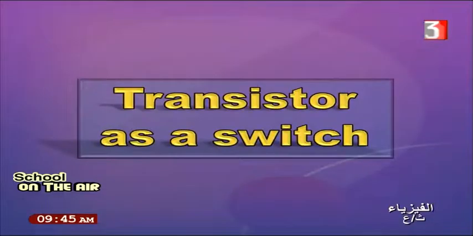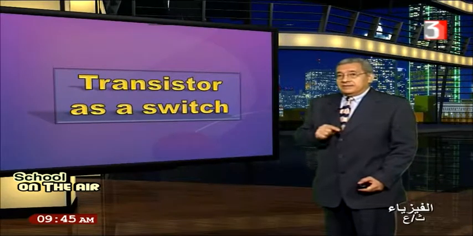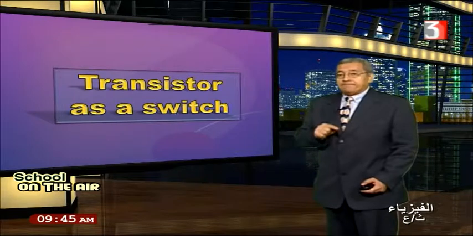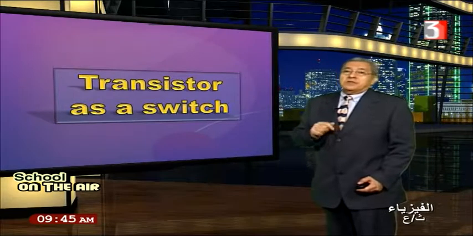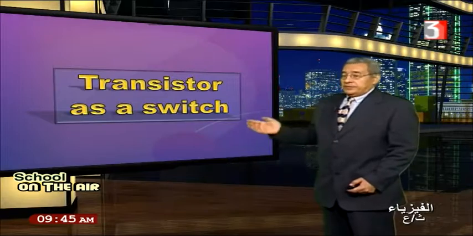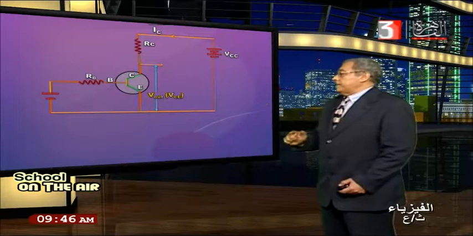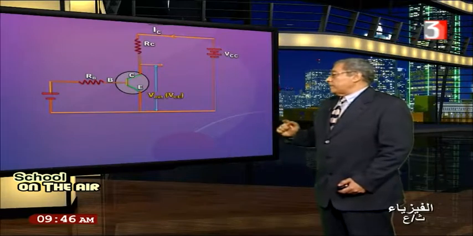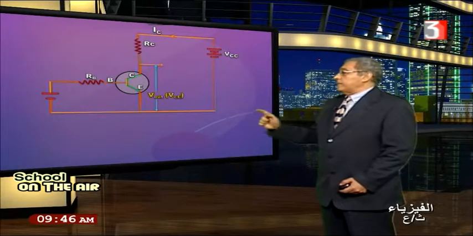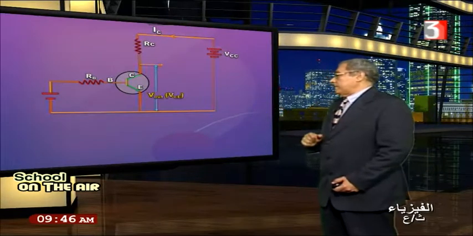And now I'm going to explain in detail how the transistor can act as a switch. Your attention please, because I'll show a circuit. In front of you it is shown right now. What about this circuit? You'll notice that we use the symbol of the transistor, and we want to know what type of transistor.